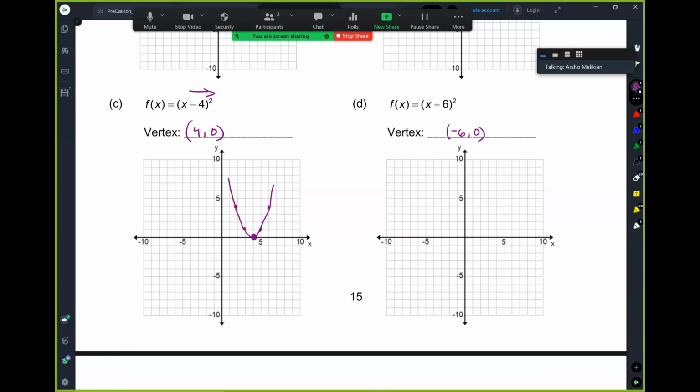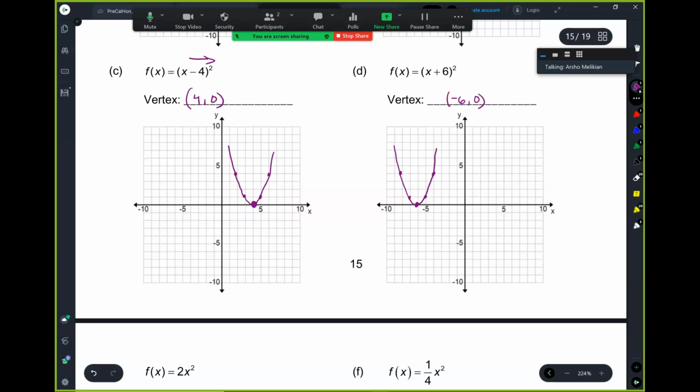Put 1 point here, then go up 4 for the other one. So you go over 2, up 4. And we can do that because so far there are no stretches or compressions.